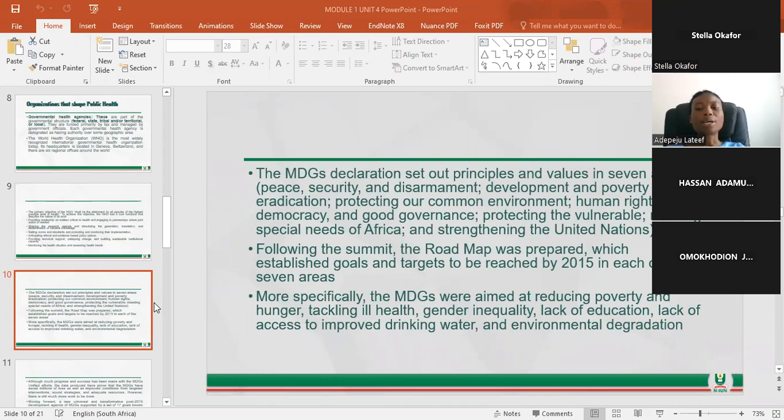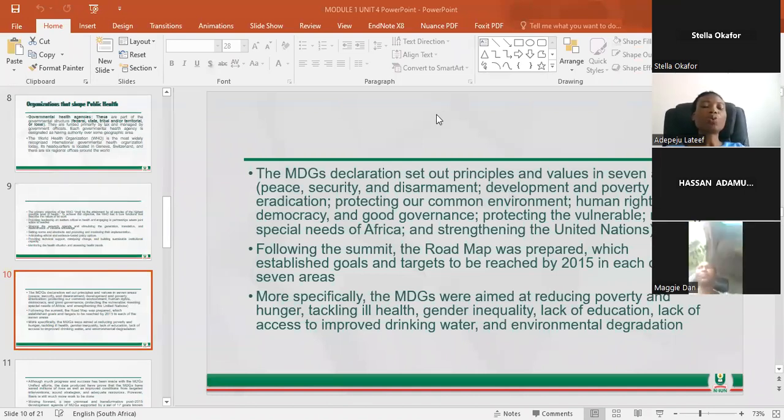And I think it was in 2015 that the Millennium Development Goals came to an end. So it is very important for you to read about the Millennium Development Goals.